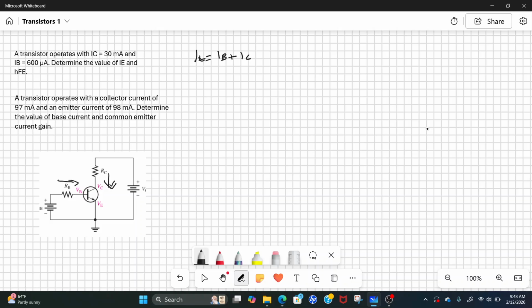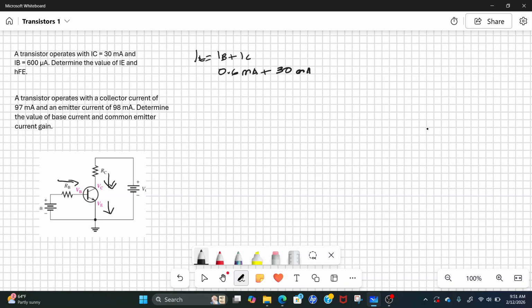So IE, which is the emitter current, is equal to the current flowing in the base plus the current flowing in the collector. We have the collector current and the base current. So this is equal to 0.6 milliamps plus 30 milliamps.